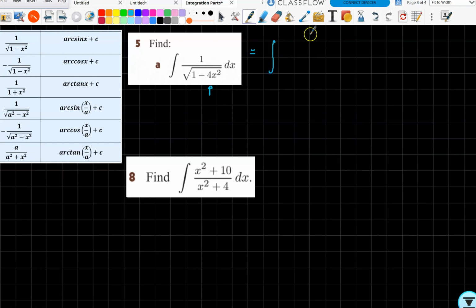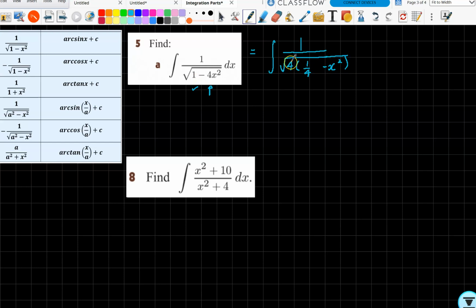So if I go 1 over, I'm going to pull out the 4 as a common factor, and so I get something minus x squared. So that's good. It's no longer something in front of, but what's going to be here? If I put that as a quarter, 4 times a quarter gives me the 1, so that works too.